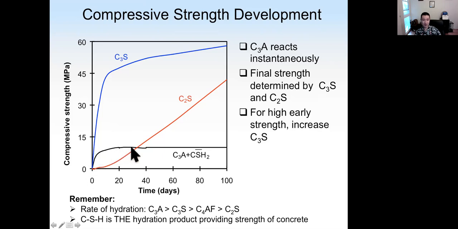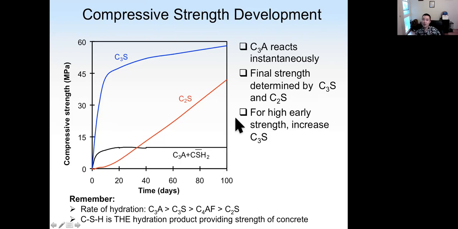The strength of the C3A hydration products is much lower, because AFm and ettringite are much weaker compared to CSH from C3S and C2S. So the strength of concrete is mainly coming from C3S and C2S, not from C3A.